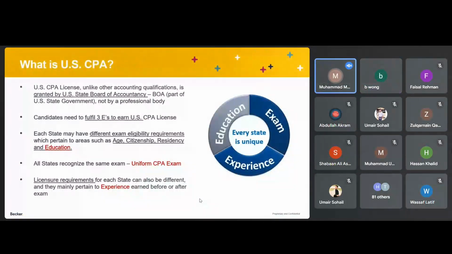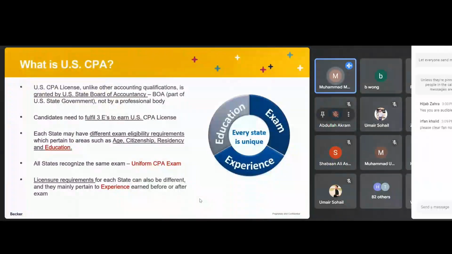Each state has its own regulation and the power to govern the certified public accountant. Typically, there are 3 E's involved to gain this qualification: one is education, second is examination, third is experience.